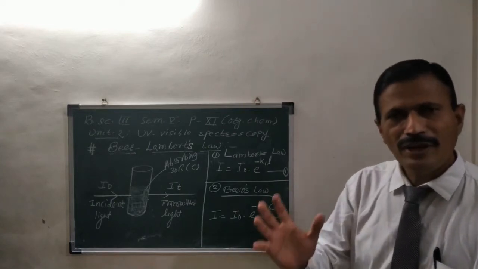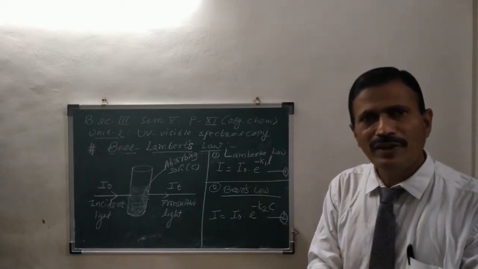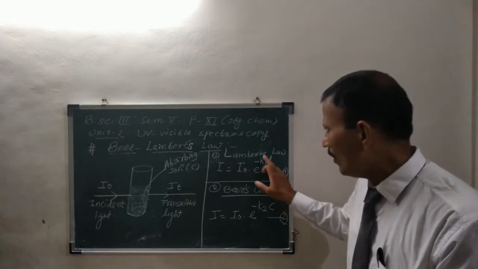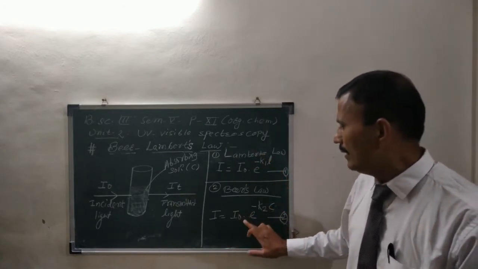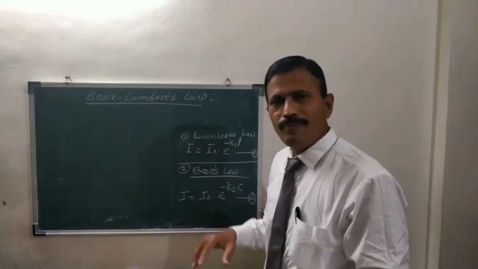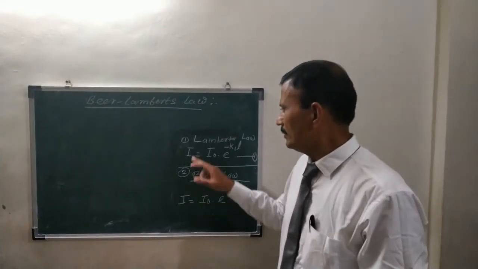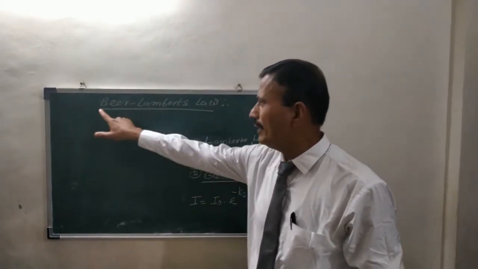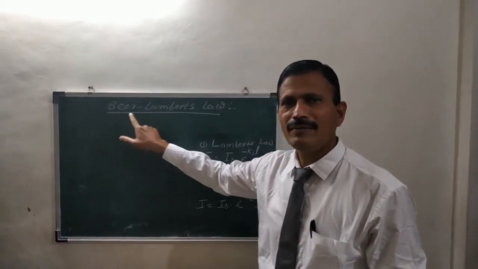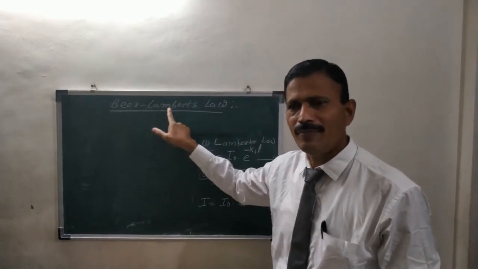Now when we combine these two equations, equation number 1 for Lambert's law and equation number 2 for Beer's law, we get the quantitative relationship and ultimately the combined law, that is the Beer-Lambert law.